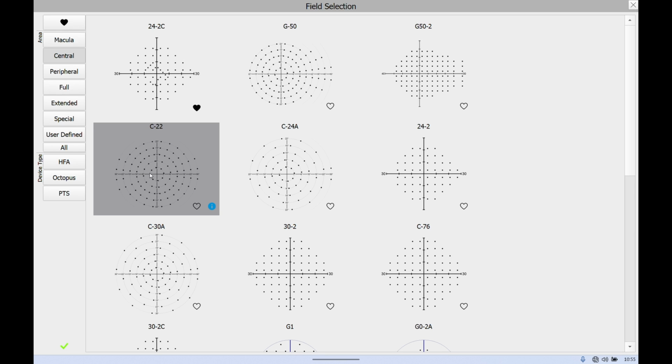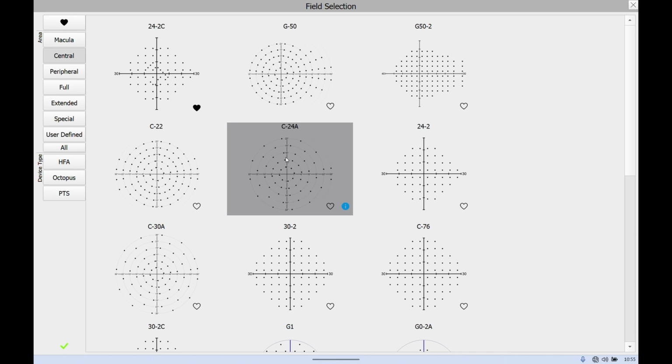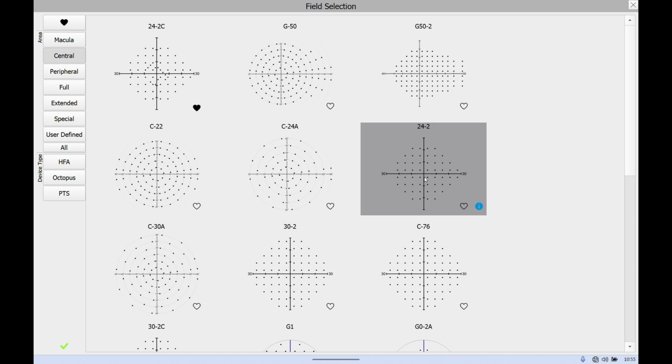This is the central field but extended both temporally and nasally. Then we have the C24A. This is the variation of the 24-2, but here this is the radial test, so you have higher density of the points when you come to the center. So it is much better than the traditional 24-2. However, this is the most commonly used test.